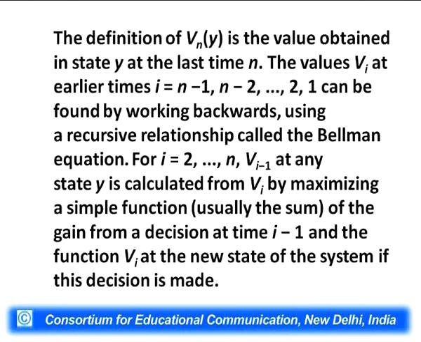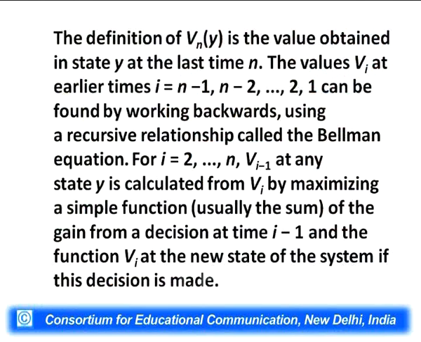For example, for i equal to 2 till n, V(i minus 1) is the value at i minus 1, one step previous to Vi. At any state y it is calculated from Vi by maximizing a simple function, usually the sum of the gain from the decision at time i minus 1 and the function Vi at the new state of the system if this decision is made.